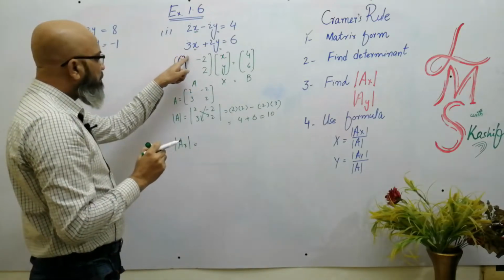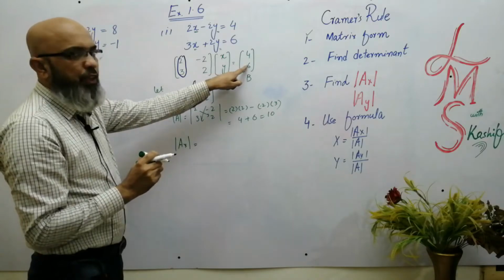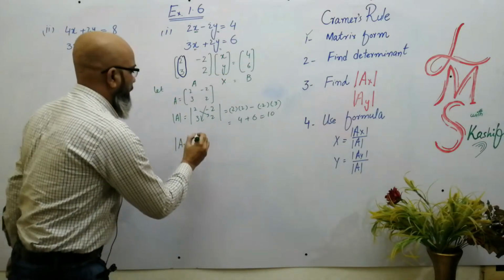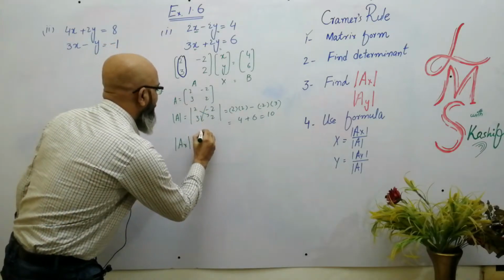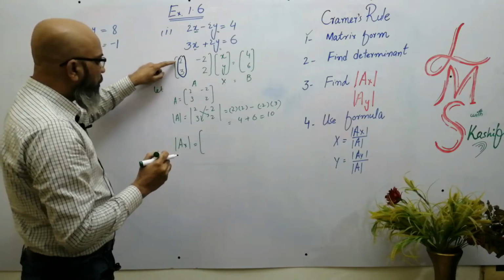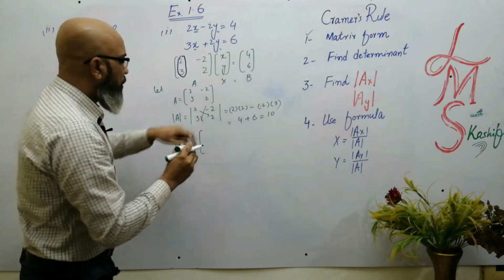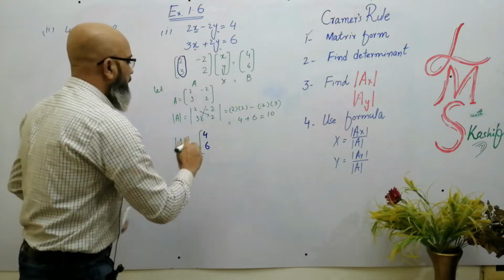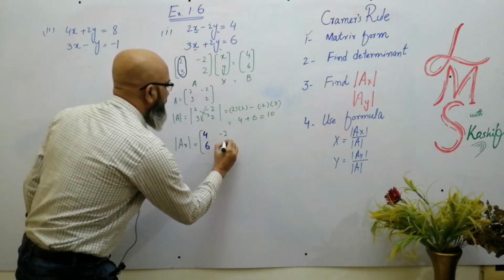So we will replace this column with the constant column. Look here, I said instead of this column you will write constant values, means 4 and 6. Second value remains the same.